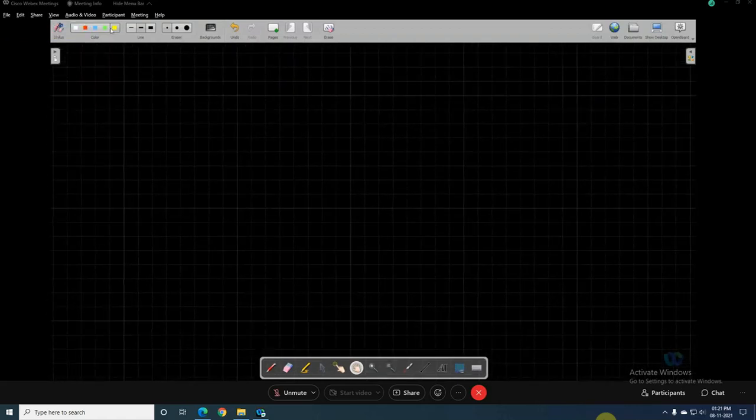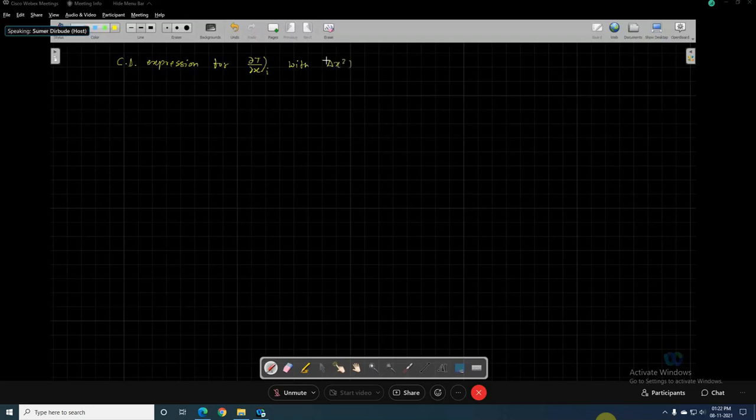Now that is a general approach, but we'll adopt a specific approach. Now I want a CD expression, central difference expression for del t del x. Okay, del t del x at I with order of accuracy delta x square.